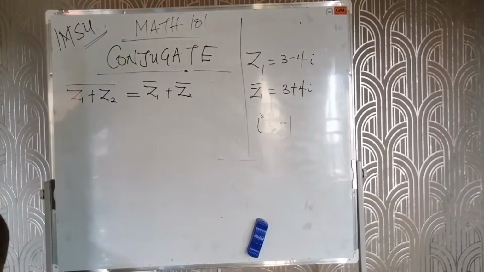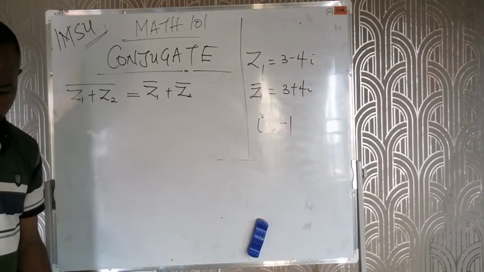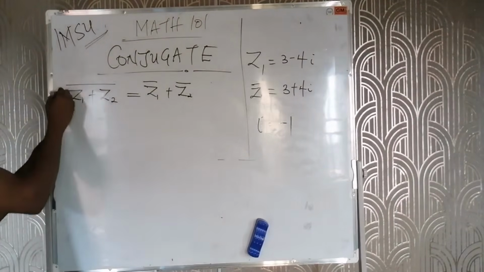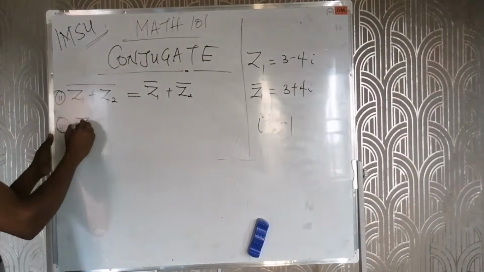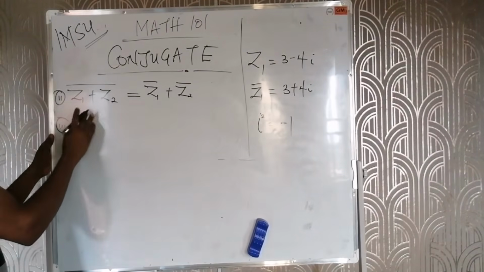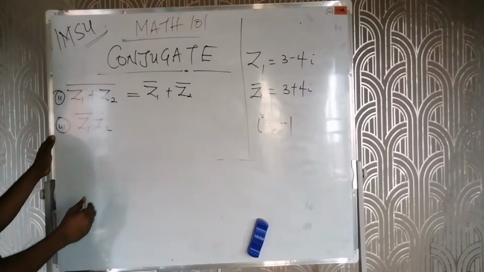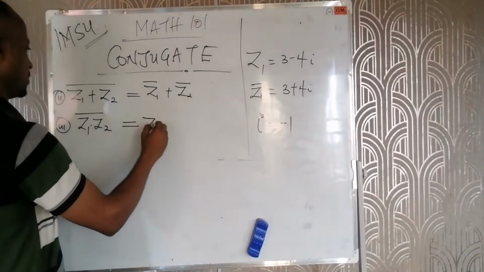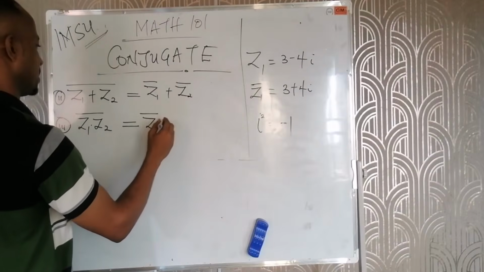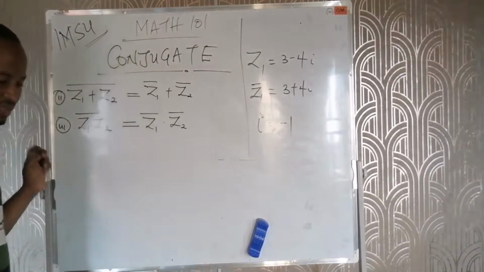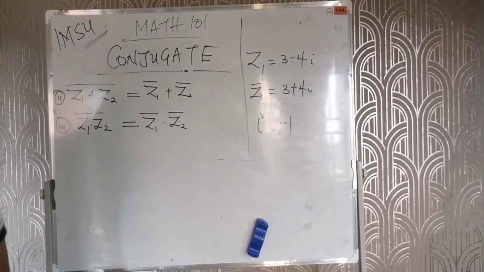Please take note of this. This is another property of conjugates. Then also, number 3, if we have Z1 times Z2 and take the conjugate, the result is also Z1 conjugate times Z2 conjugate. Please take note of this as well.